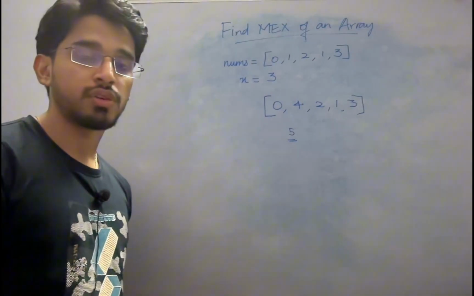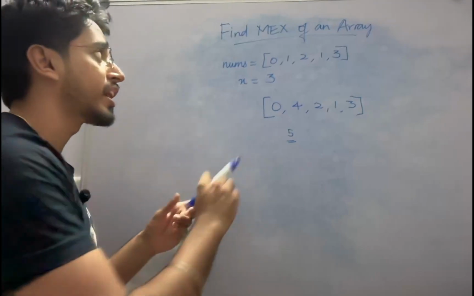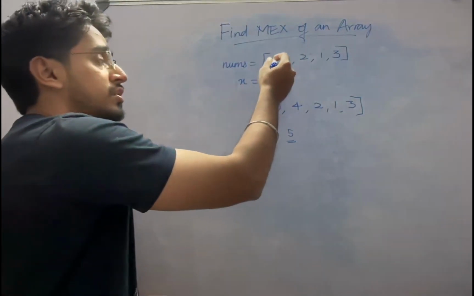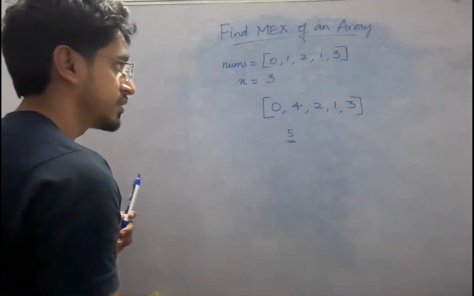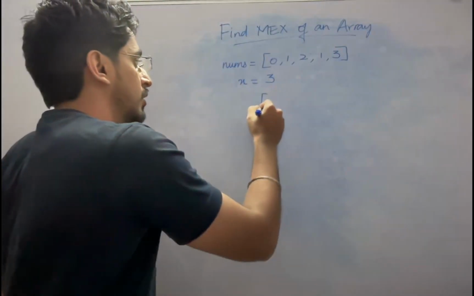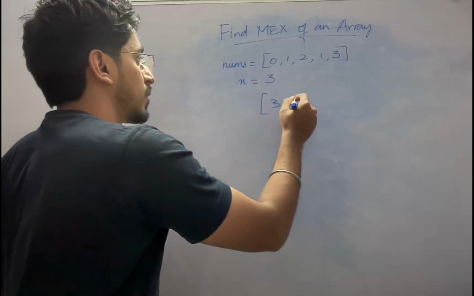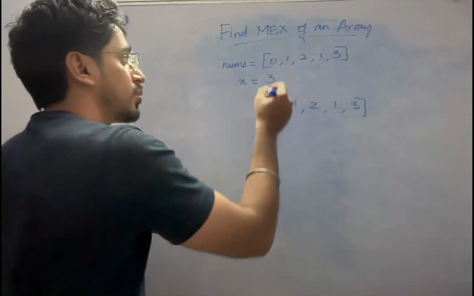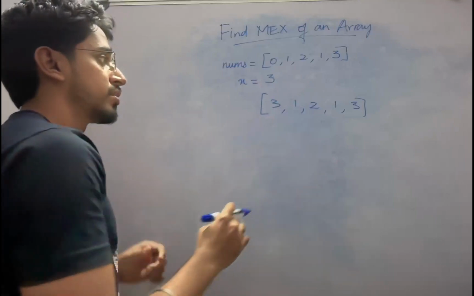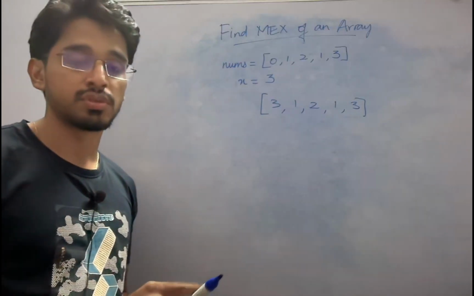Okay, so I hope you understood. Now the same thing if I add 3 to, let's say, the value 0, the first index basically, that would become 3, 1, 2, 1 and 3. Basically 0 plus 3 is 3, right? Now what is the minimum excluded value? That is 0.